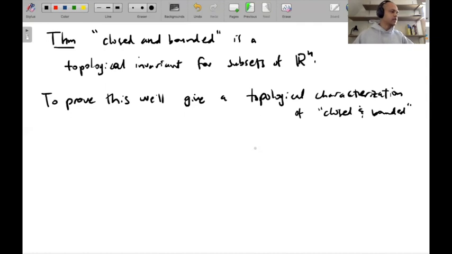Okay, this maybe seems vague, but you'll see what it means soon enough. Okay, so that leads us to the discussion of compactness.